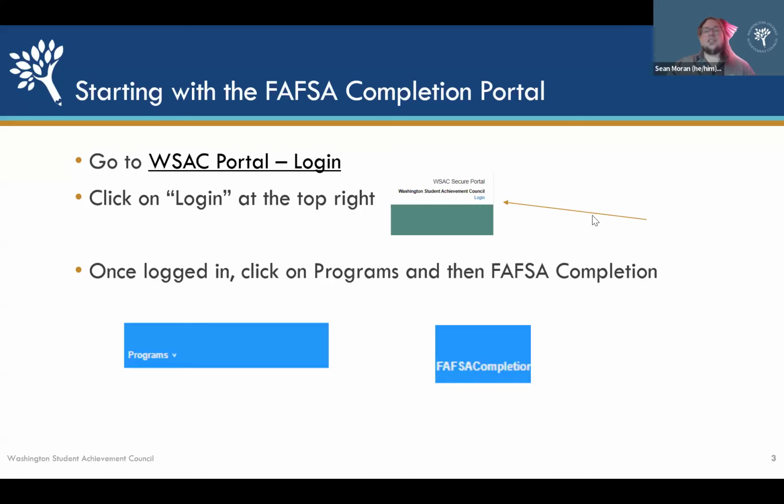This is in relation to FAFSA application data sharing regulations. And if you have data questions, that's also why we've developed this weekly dashboard that has a variety of tools for you to break down the data to address it in different ways. But if you have FAFSA completion portal access, you can go into the WSAC portal, log in at the top, and then once logged in, click on programs and then FAFSA completion. I just wanted to share that.